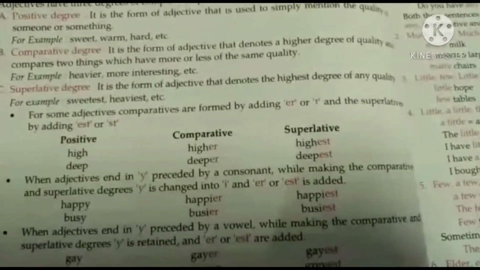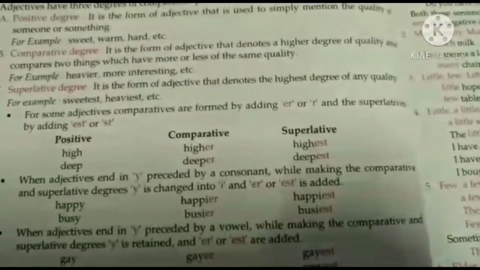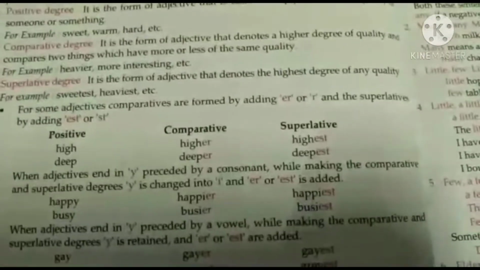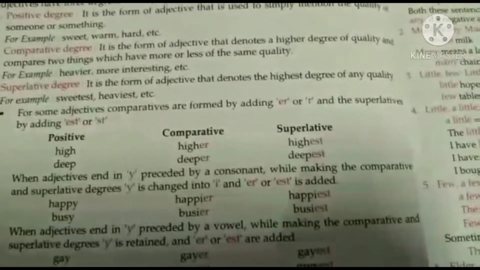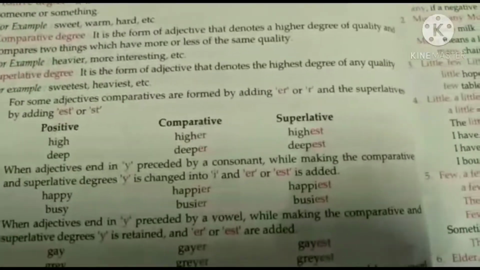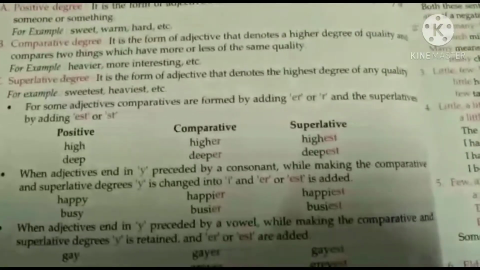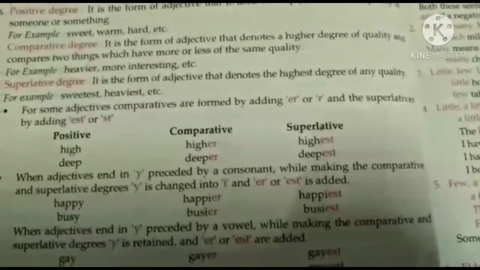Now the comparative degree is the form of adjective that denotes a higher degree of quality and compares two things which have more or less the same quality, like heavier, more interesting. Like Rohan's sister is sweeter than Mohan's sister.